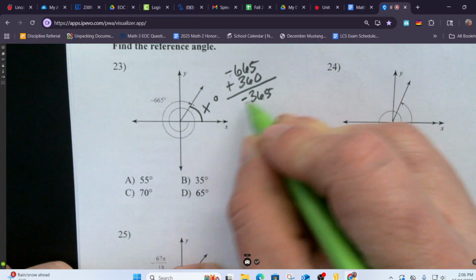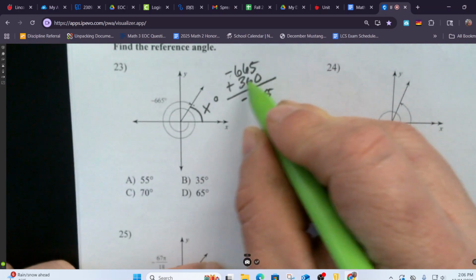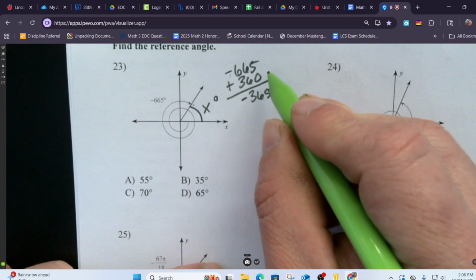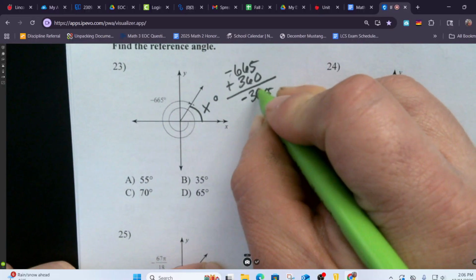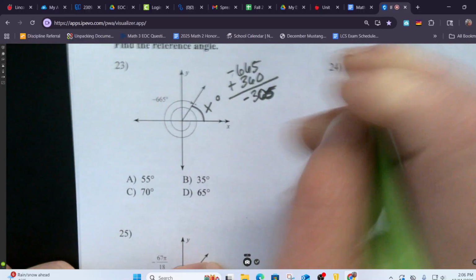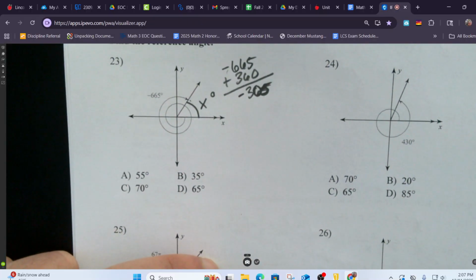I'm trying to think if this is going to be the best way to show it. 365. No, that's negative 305. Sorry. Okay.